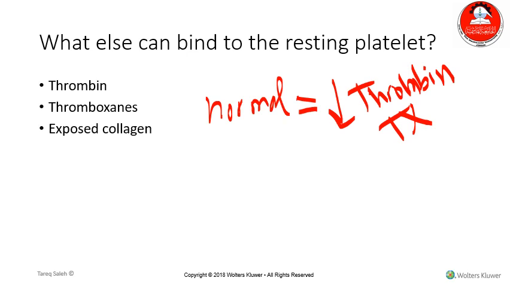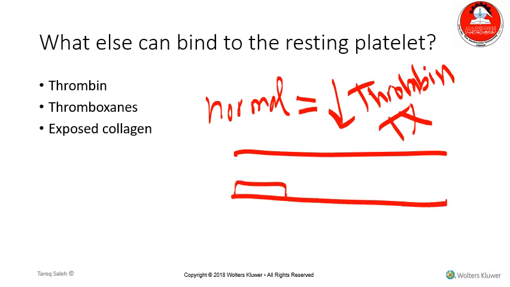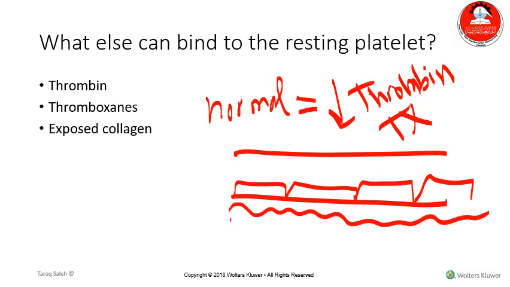And in that case, if the blood vessel is intact and there is no physical trauma, the endothelium covers collagen that is present in the extracellular matrix. Okay, so there is no exposed collagen. In the case of injury, the levels of these mediators are increased, which results in platelet activation.